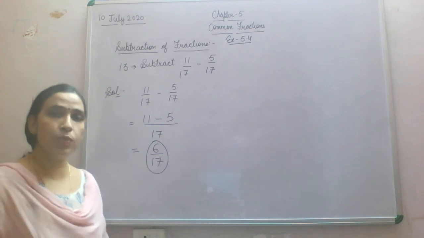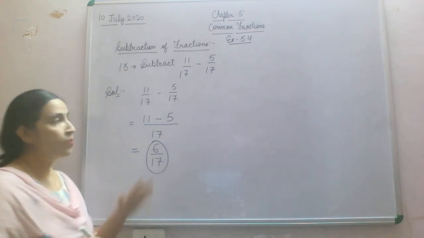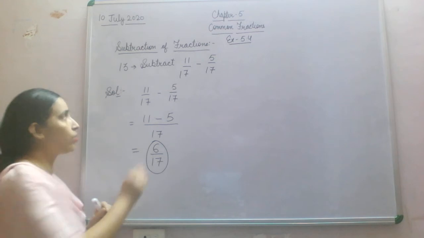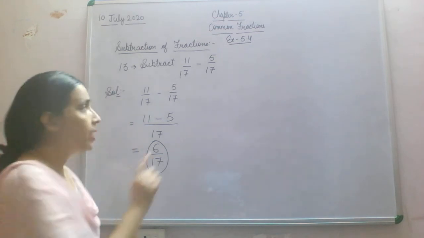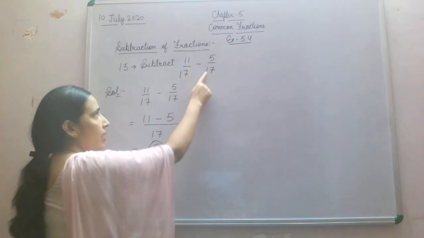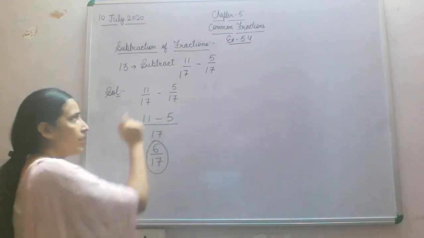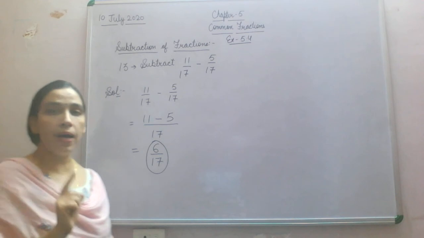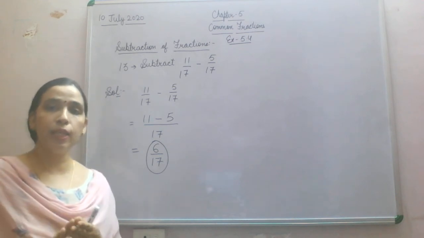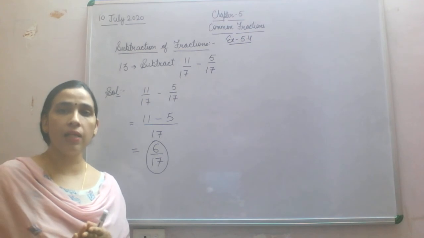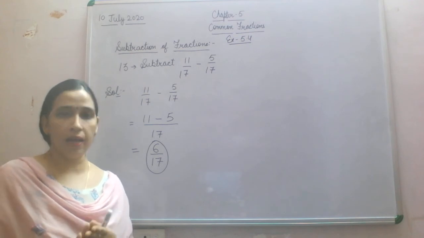So let's see this question once again. You have been given question number 13 of exercise 5.4: 11 by 17 minus 5 by 17. As you can see, these two fractions are examples of like fractions.